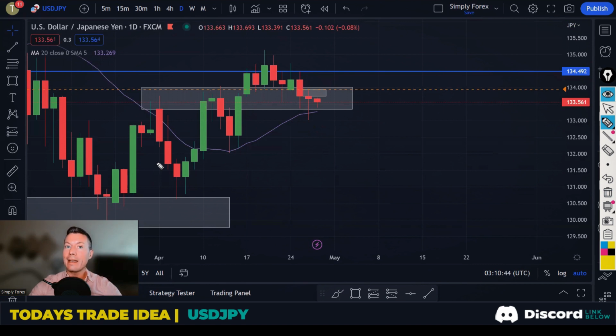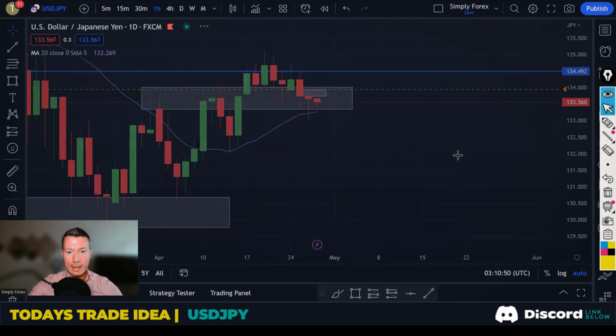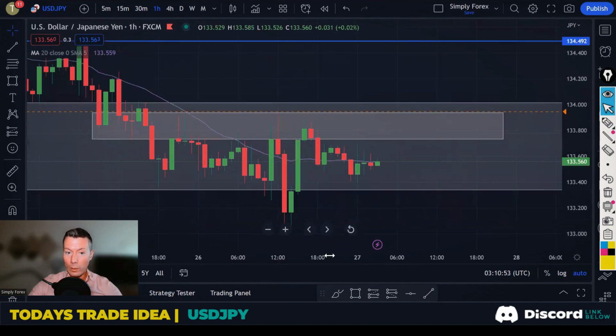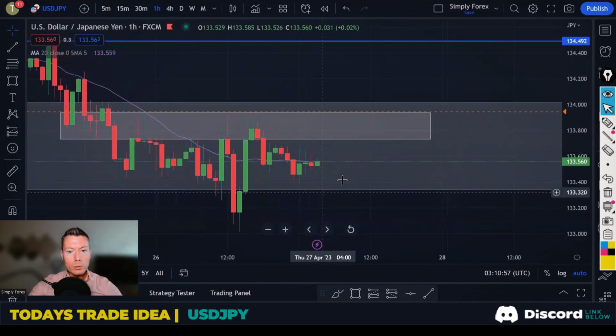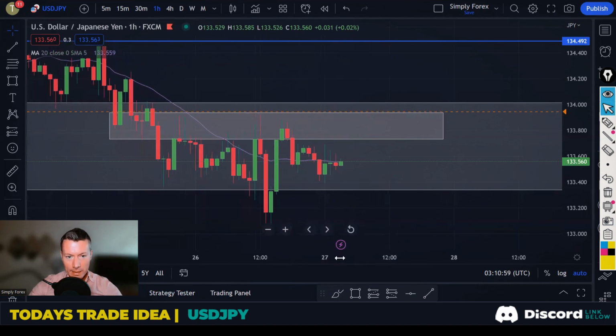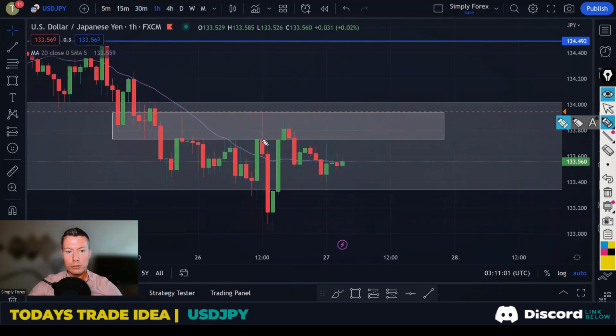You also need to gather reasons. They are important, it goes without saying. But how am I going to enter this pair? You should also know how you're going to enter the pair as well. So I am only interested in this pair, this is the H1 chart, if it breaks this grey zone.